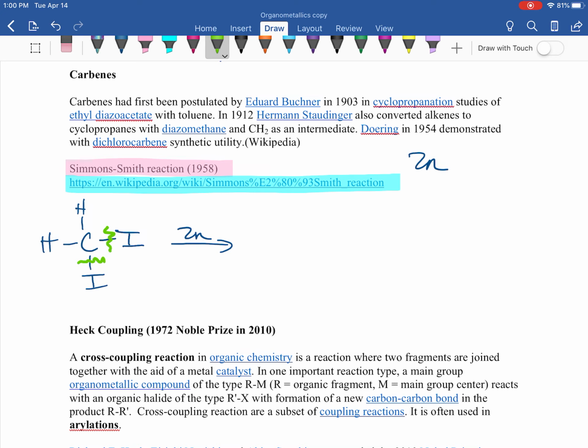And then what it does is it literally takes iodine. It strips off iodine, but it only needs 1 electron from each iodine, and it leaves behind the other electrons in the bond. So you make the funkiest looking carbon ever because you leave behind the electrons on carbon.